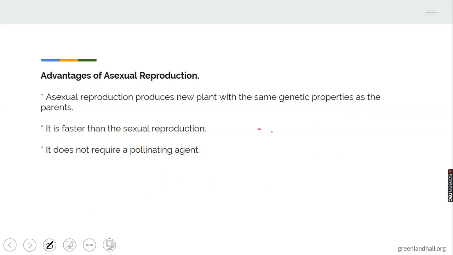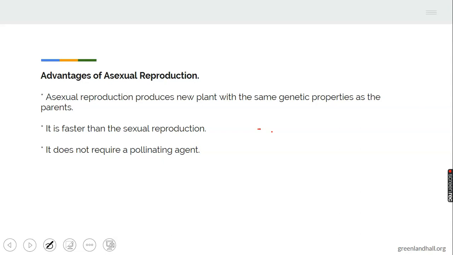Now, having discussed the processes of sexual reproduction in those organisms, there is need for us to know the advantages and disadvantages of reproduction. So we are looking at the advantages of asexual reproduction first.